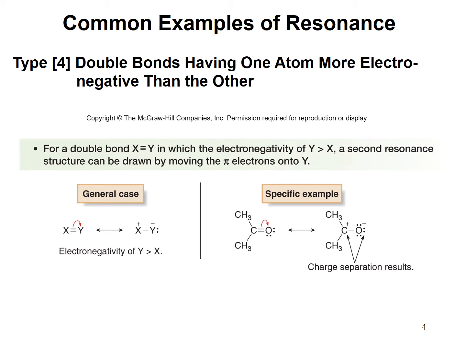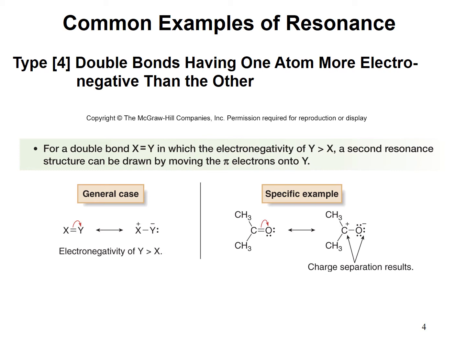The fourth type, double bonds having one atom more electronegative than the other, means that I can move my electron density to the more electronegative atom in a shared species. Take, for example, acetone.